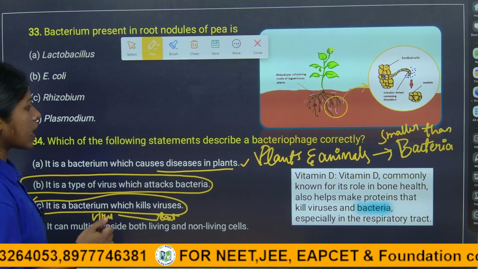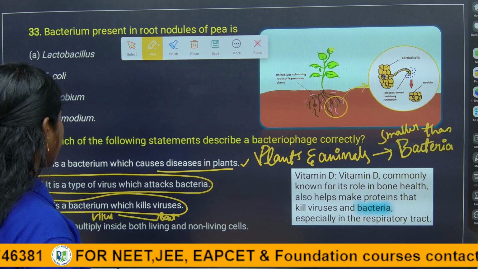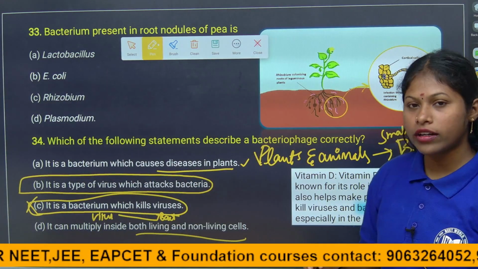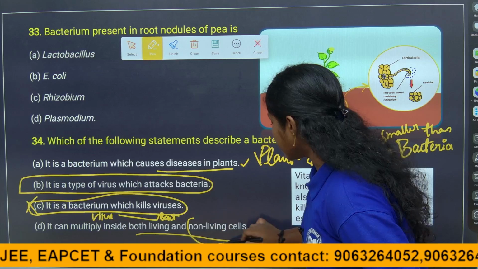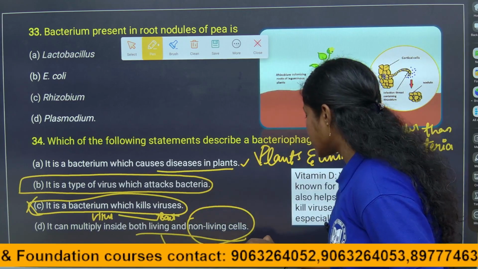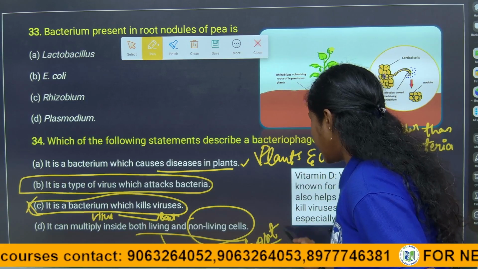They are asking about the correct statement according to the bacteriophage. It can multiply inside both living and non-living cells? No, it cannot act upon non-living cells. It only acts upon living cells. It takes the host as living cells only, right?